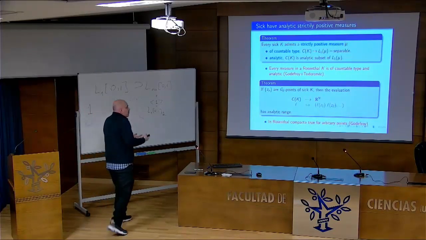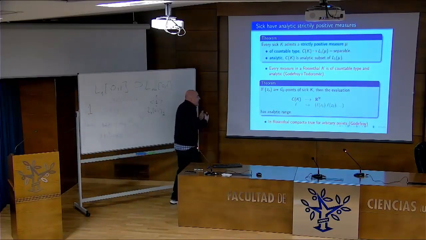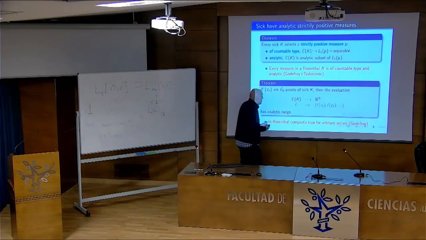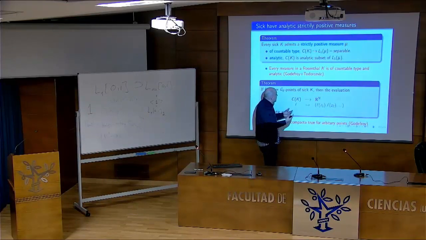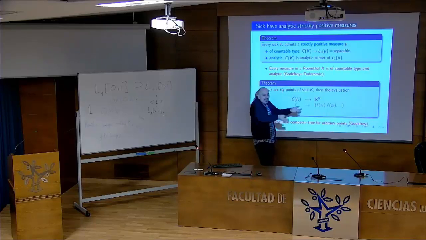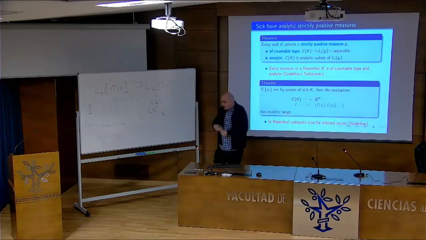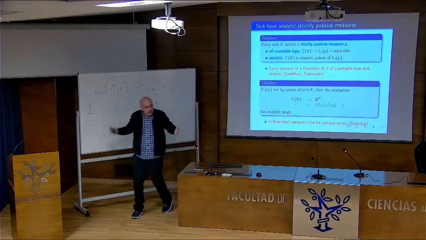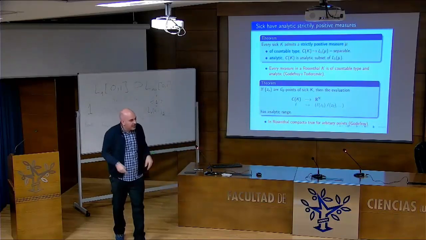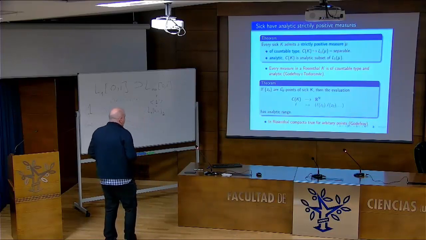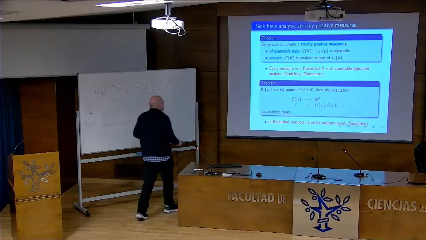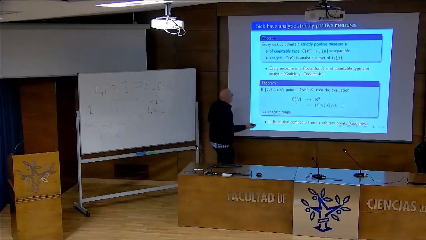A Rosenthal compactum you can characterize by the first theorem as those compact spaces such that whenever I represent C of K in this evaluation way, I get an analytic set. So it's like the C of K is always nice whenever I try to represent it on a sequence of points. Okay. So after these things, so what is the thing?